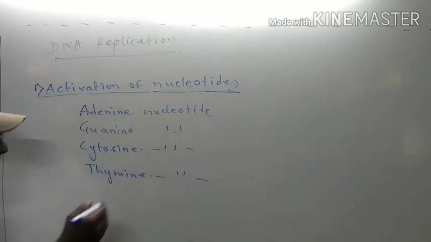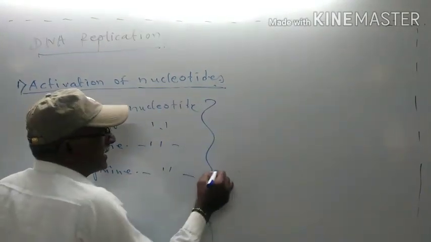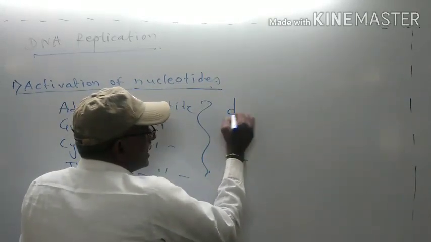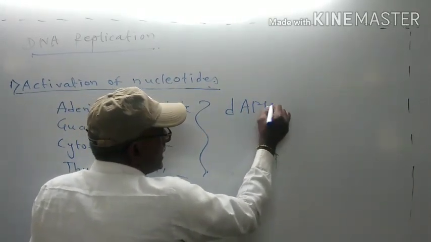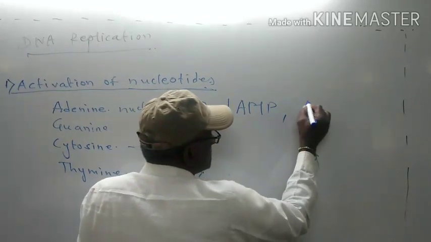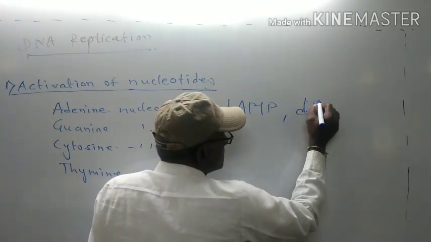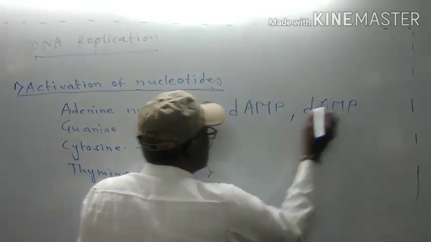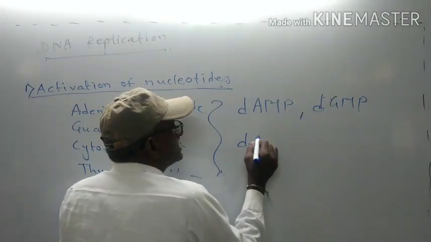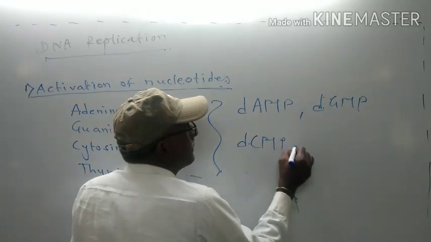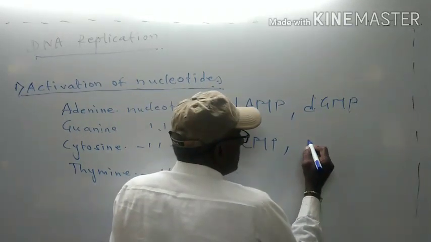In the deactivated form, in which form are they present? AMP, GMP, CMP and TMP.